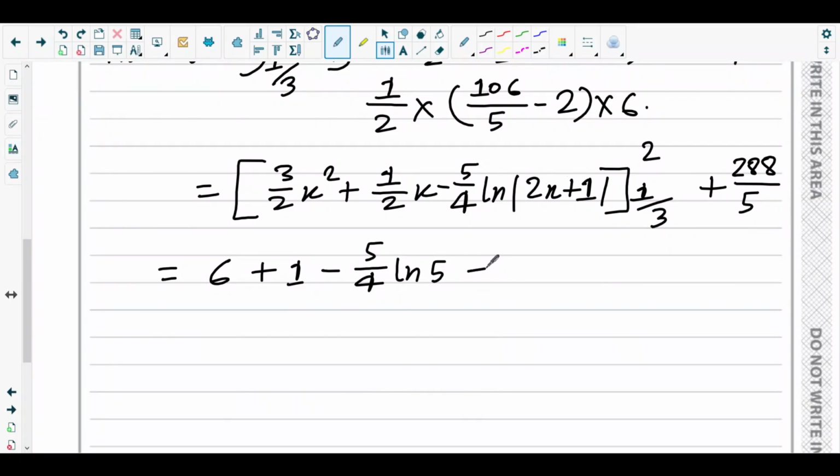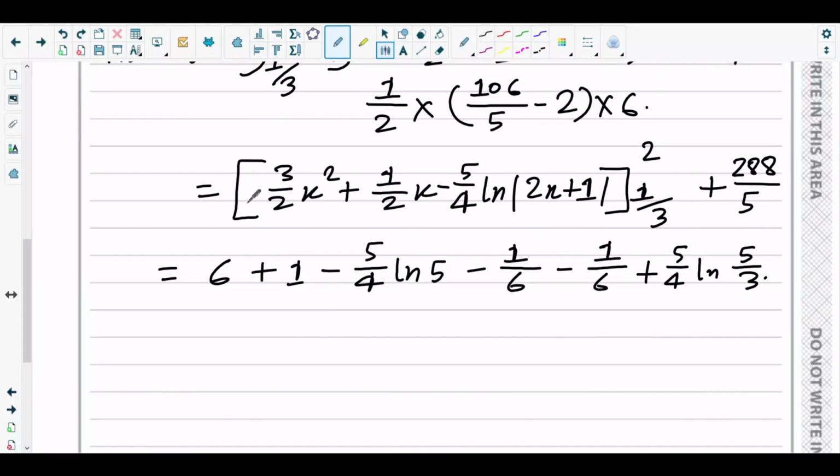Then minus: 1/3 squared is 1 over 9, 3 over 2 times 1 over 9 is 1 over 3 times 1 over 2, which is 1 over 6, and then minus 1 over 6, and that would be plus 5 over 4 ln (2 over 3 plus 1), which is 5 over 3, ln 5 over 3.